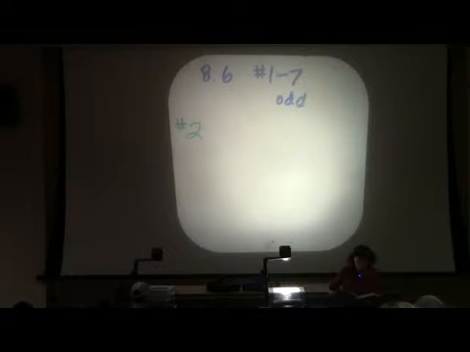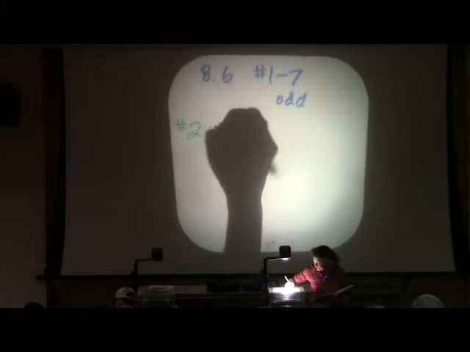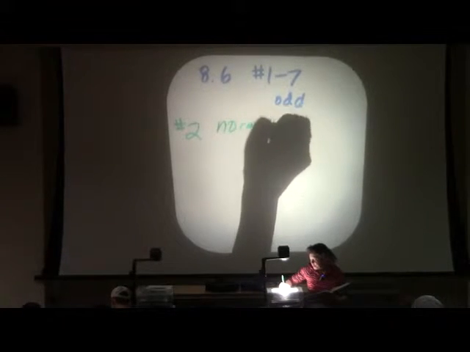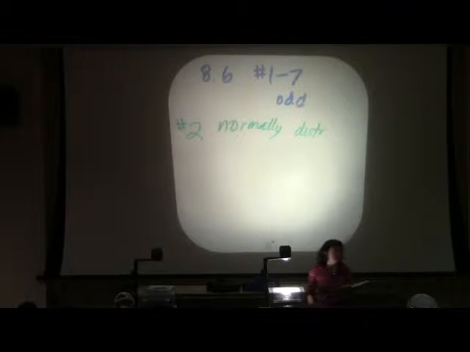Okay? So, this first one is factory workers' wages. It says, according to the data released by the Chamber of Commerce of a certain city, the weekly wages of factory workers are normally distributed. So, bam, normally distributed. We got it. We know what types of computations we're going to have to deal with.